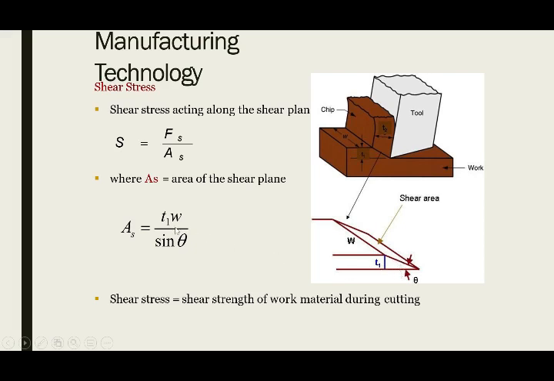Putting this into width into breadth, it will be W into T1 divided by sin theta, that is, As is equal to T1 W divided by sin theta, the area of the shear plane.